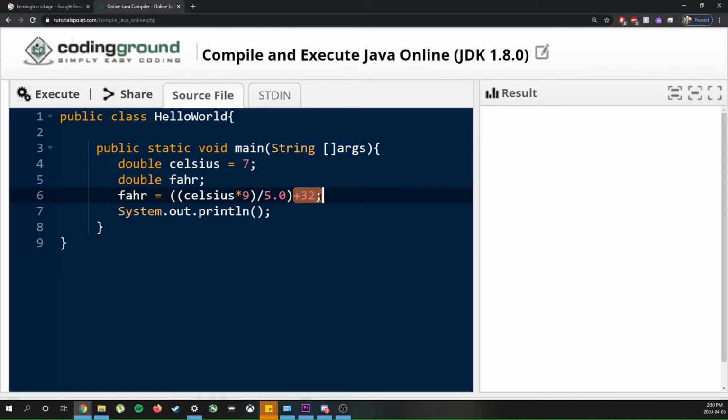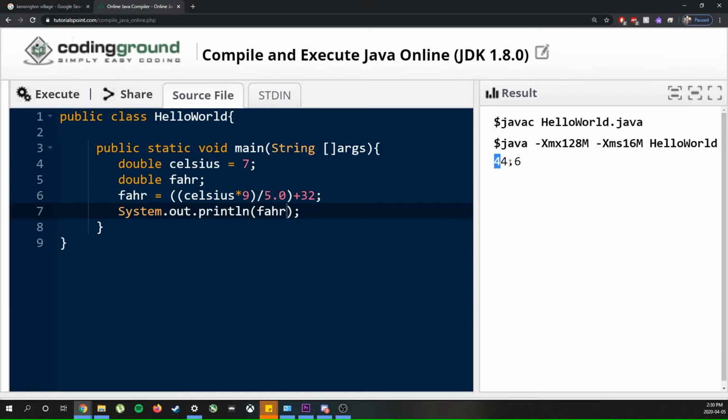And then I'm adding 32. When I'm printing out my thing, I need to print out the variable name so that it displays it. And now when I execute, it should be equal to 44.6 Fahrenheit, which is equal to Celsius. So that's just an example of what that would look like.